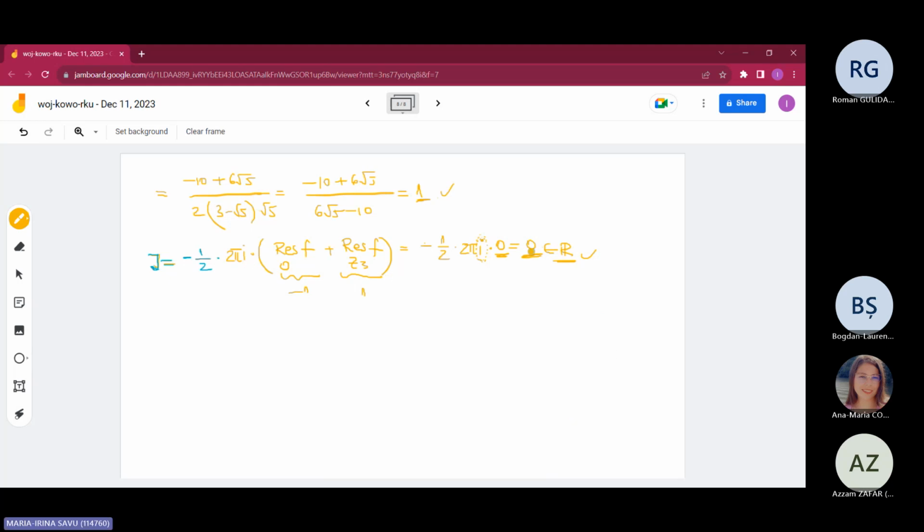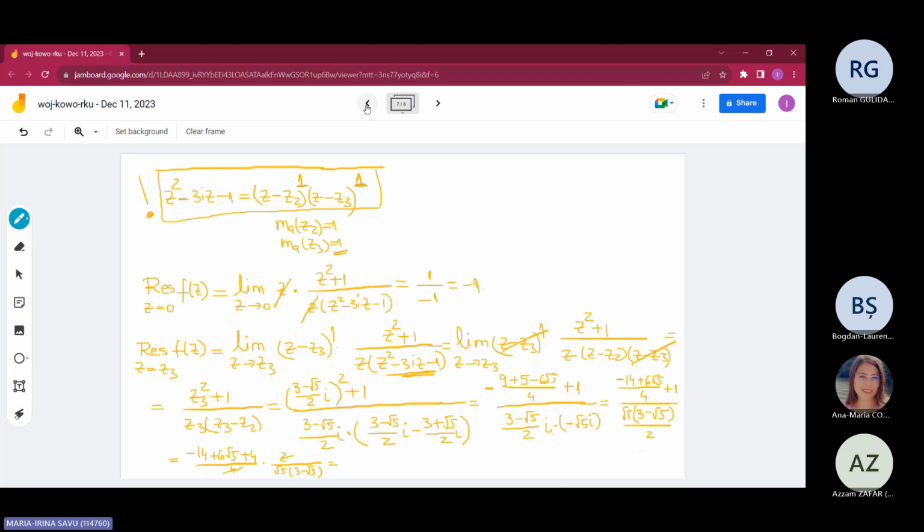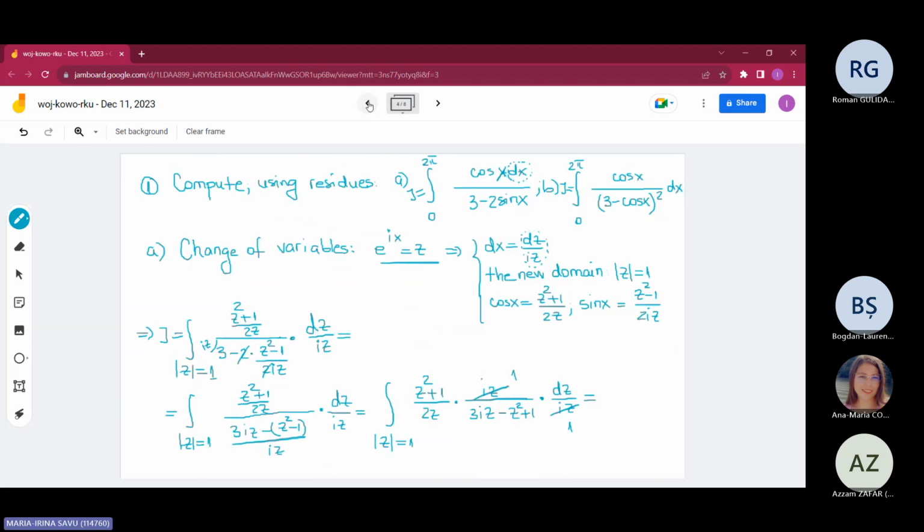Okay. Oh, do you have a question? Well, if you do not have questions, please try to solve point B from here.